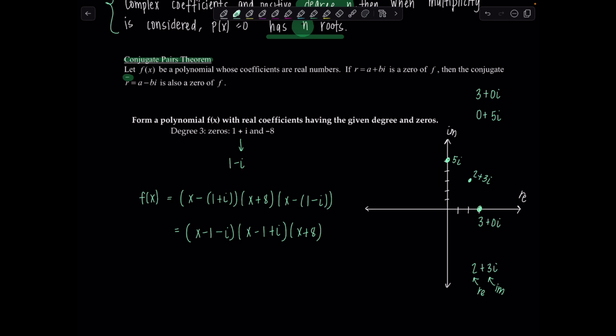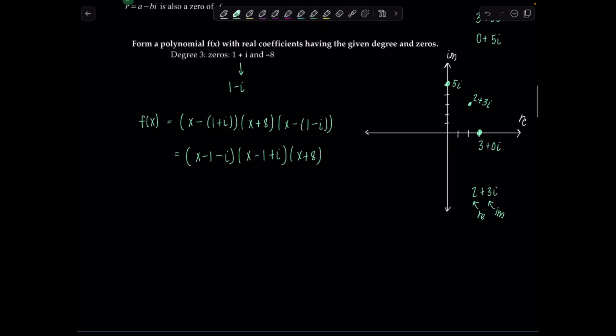And then I want you to think back. When you're multiplying out conjugate pairs, a minus b and a plus b, you get a difference of squares, a squared minus b squared. So think of x minus 1 as a, and think of i as b. Why do I want you to do that?